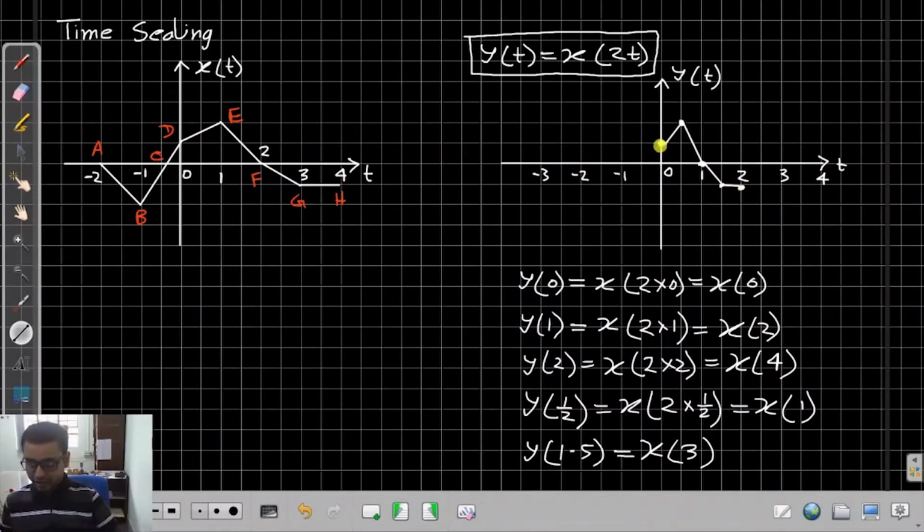Similarly, on the left side, the curve will look like this.